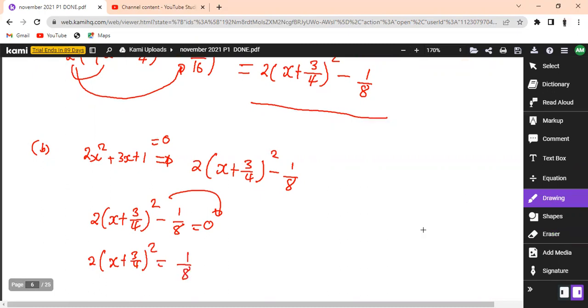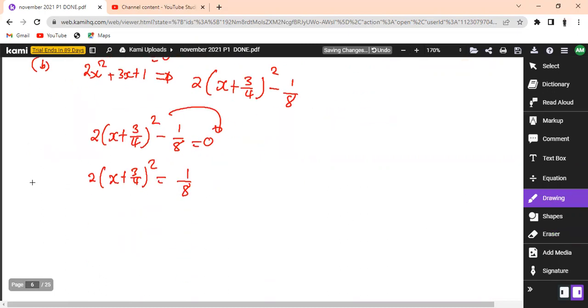How can we get rid of this 2? Because the 2 is multiplying the bracket. I can simply get rid of this 2 by dividing both sides by 2. By doing this, I'm going to be left with x plus 3 over 4 squared, which is going to give us 1 over 8 divided by 2, which is 1 over 16.